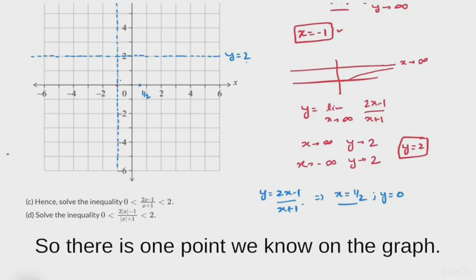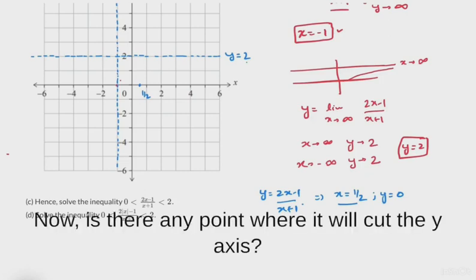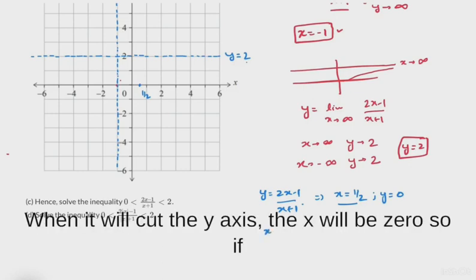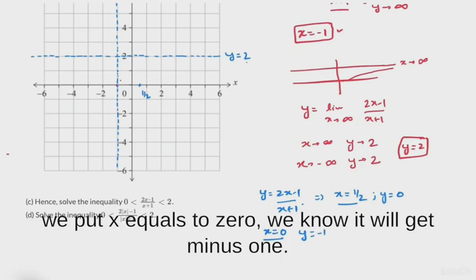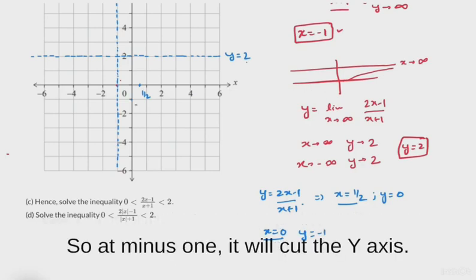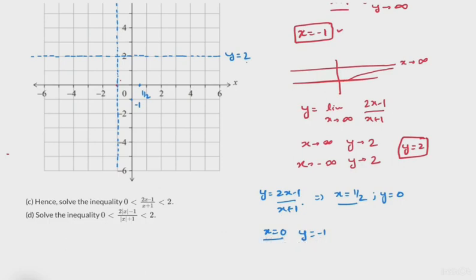So there is one point we know on the graph. Now, is there any point where it will cut the y-axis? When it cuts the y-axis, x will be 0. So if we put x equals 0, we get minus 1. So at minus 1, it will cut the y-axis.